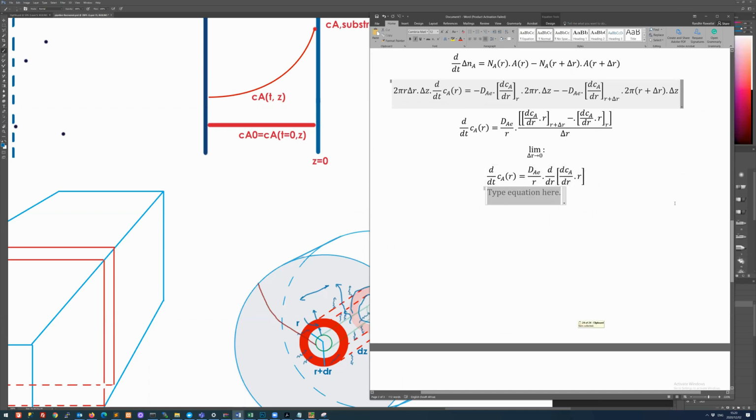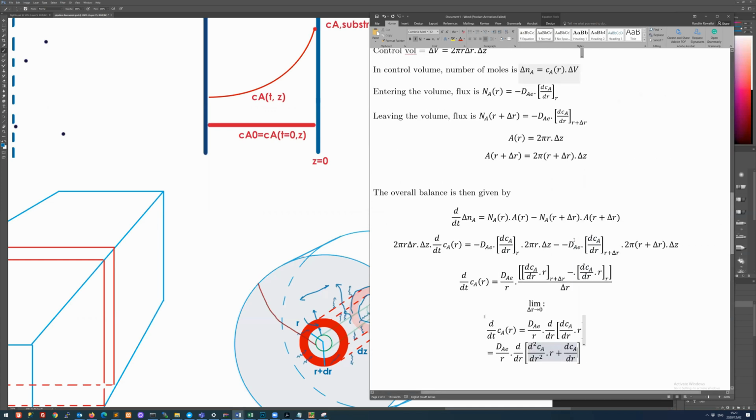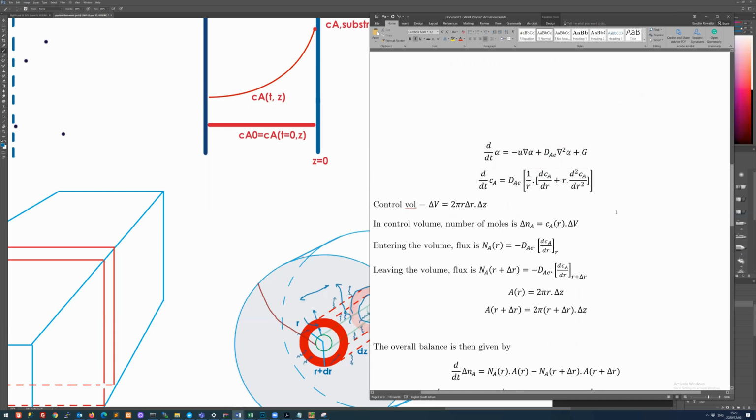But anyway, let's just do it. d/dR, you can write this as d2CA/dR squared, so you differentiate the first one and leave the second one alone, plus you differentiate the R out, leaving you with just dCA/dR.